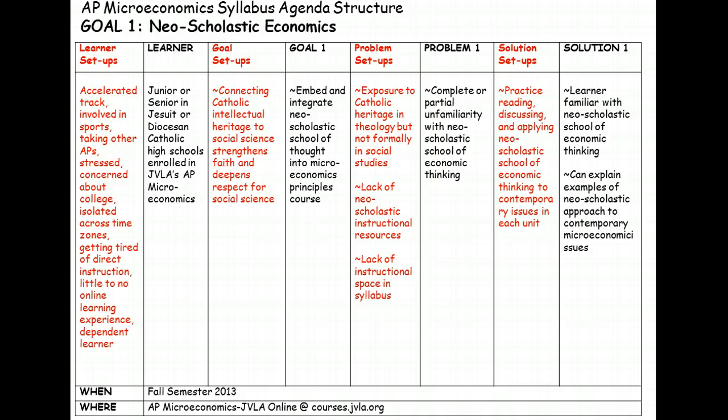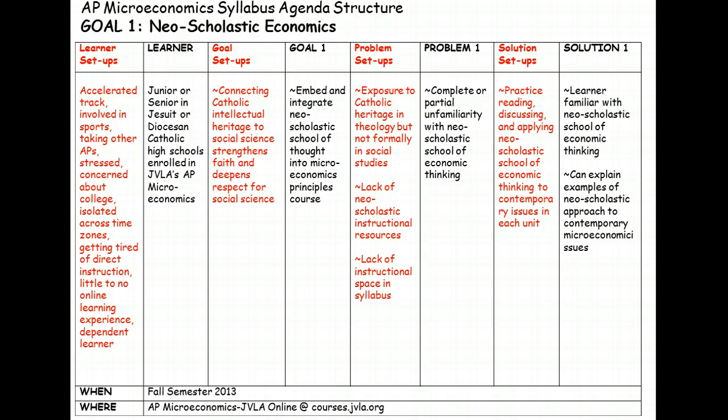That is, I wanted to connect the rich Catholic intellectual heritage to my favorite social science, namely economics, and to provide one example to students of how their theology knowledge can translate into social science, and it's very, very relevant, I feel.